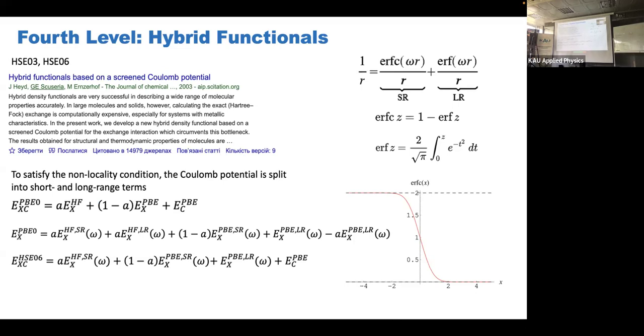How is it made? It's made with such a function: 1 divided by r, and it is split into short range interactions and long range interactions.